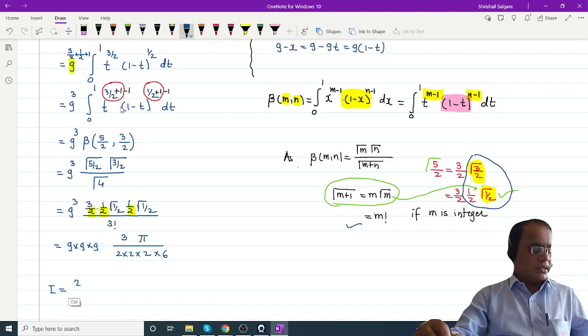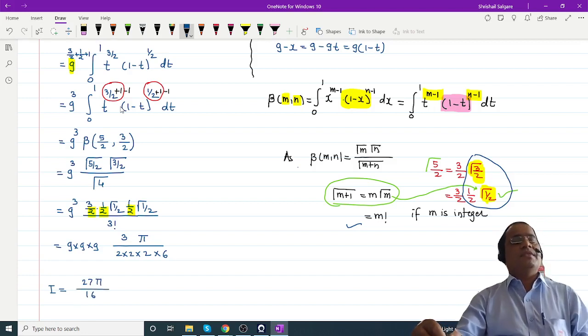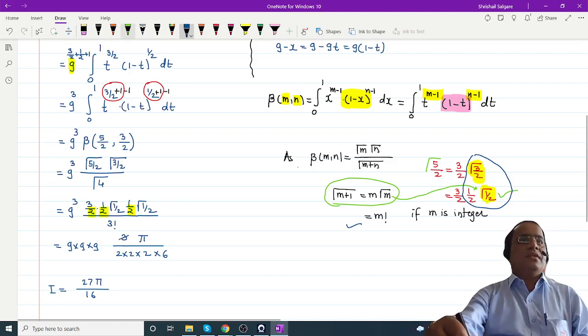Just a minute, sorry, 27 pi divided by 16. Can anyone confirm this? 3 ones are 3, 3 ones are 3, 3 twos are... No, 9 into 9 into 9 divided by something else.